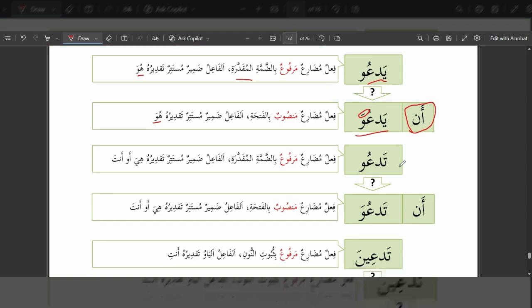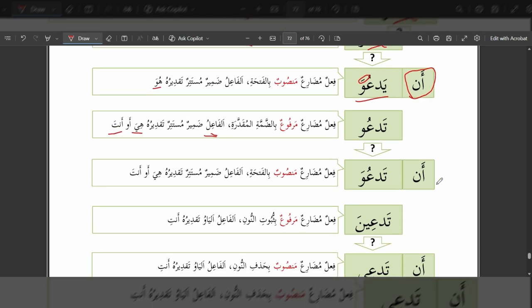Then we have تدعو. So this is again فعل مضارع مرفوع بالضمة المقدرة. That is present tense in the مرفوع form with a hidden dhamma. And the fa'il here is ضمير مستتر تقديره هي أو أنت. That means the doer is a hidden attached pronoun, which can be either she or you, hiya or anta.